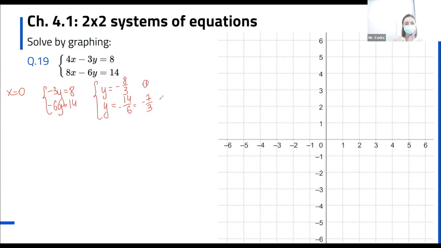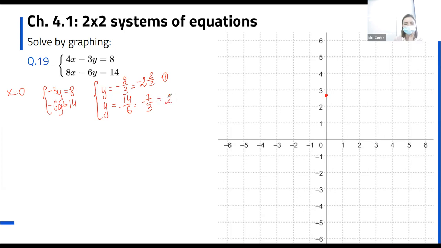So it is the first, it is the second. So x equals 0, and the first is, let's make it clearer, 2 and 2/3 minus. Okay, 0, minus 2 and 2/3, approximately over here. And the second one, we also need to find the whole number.